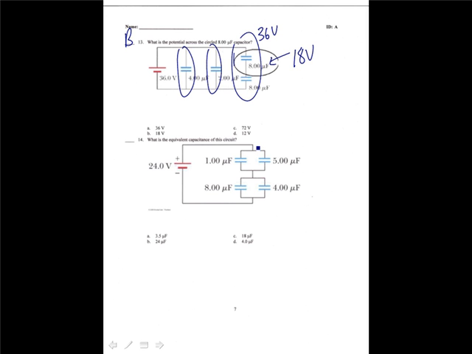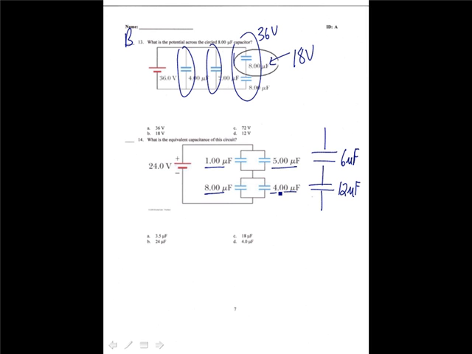Well, to find the equivalent capacitance of capacitors in parallel, you just add them up. And so this circuit simplifies to just a 6 microfarad capacitor, that's 1 plus 5, and a 12 microfarad capacitor, that's 8 plus 4.